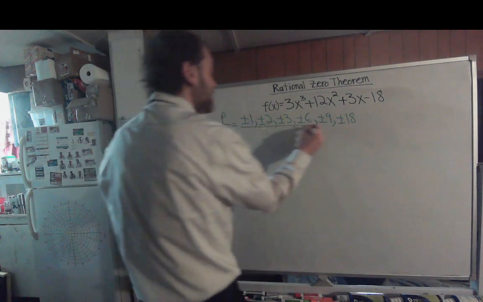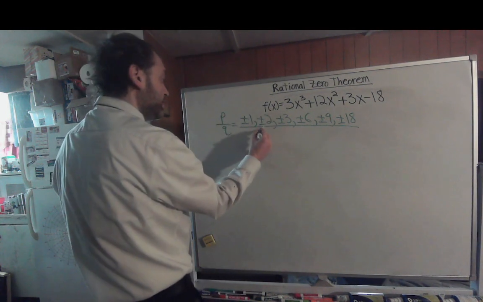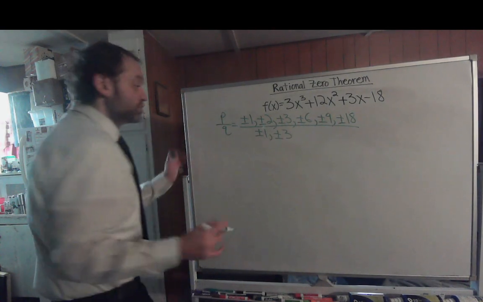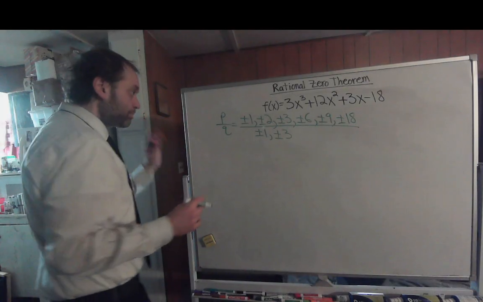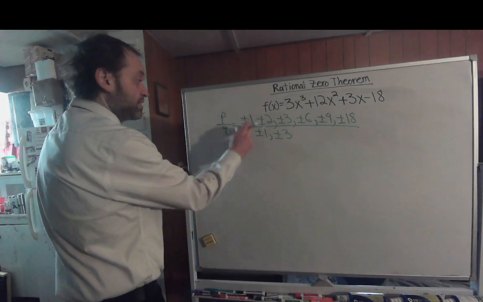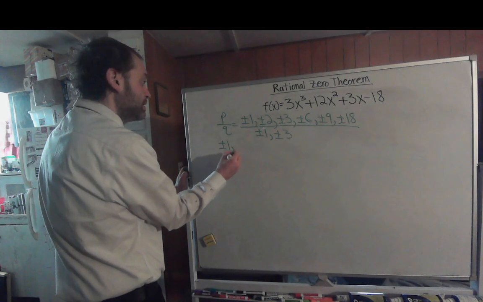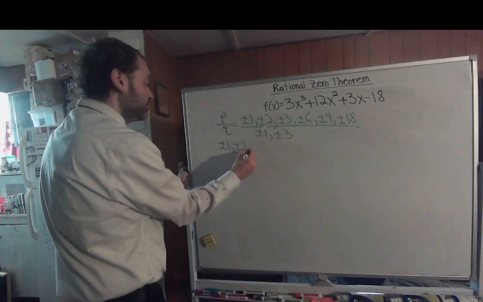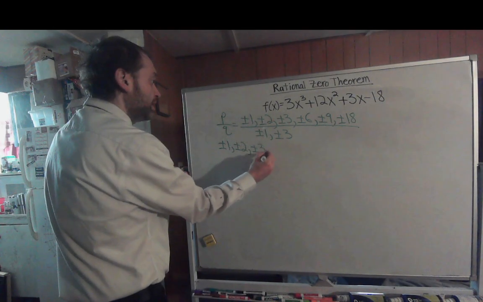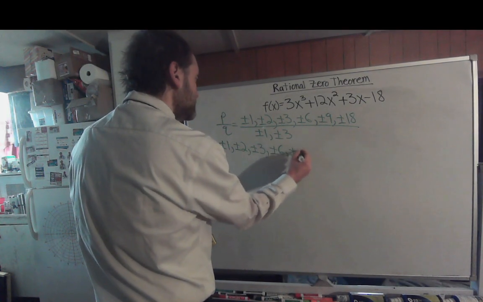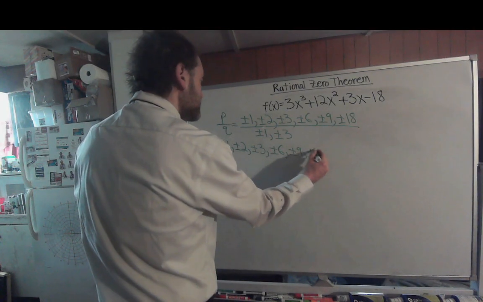All over factors of your leading coefficient of 3 are plus and minus 1, and then plus and minus 3. So what does this mean? Well, divide everything by the 1 first, so you could have plus and minus 1, plus and minus 2, plus and minus 3, plus and minus 6, plus and minus 9, plus and minus 18.